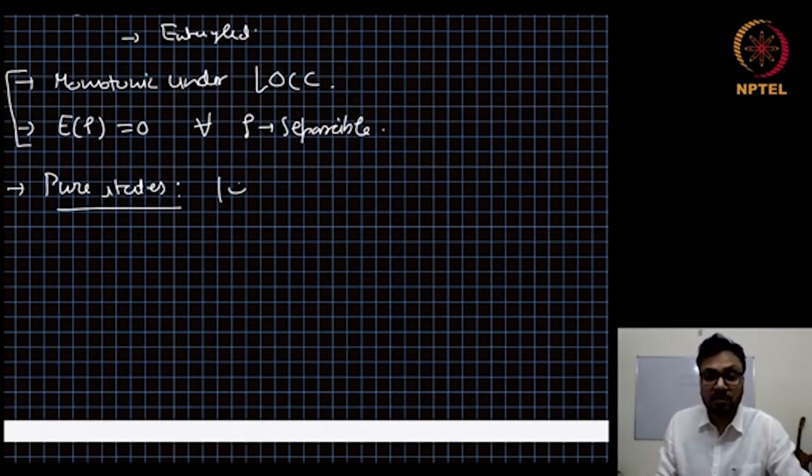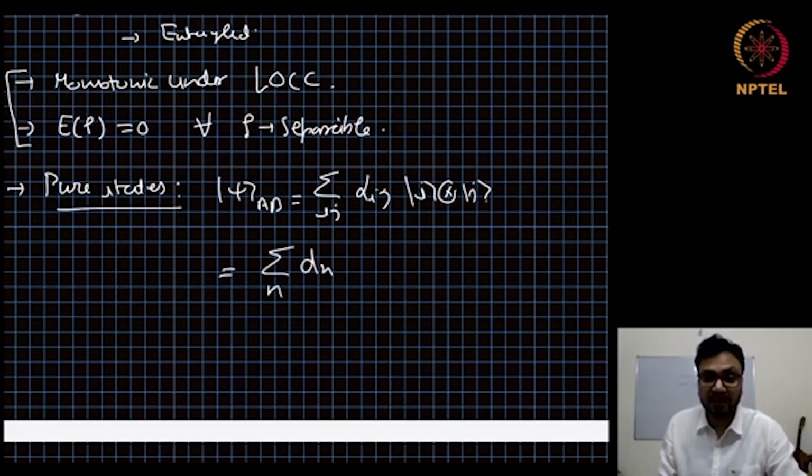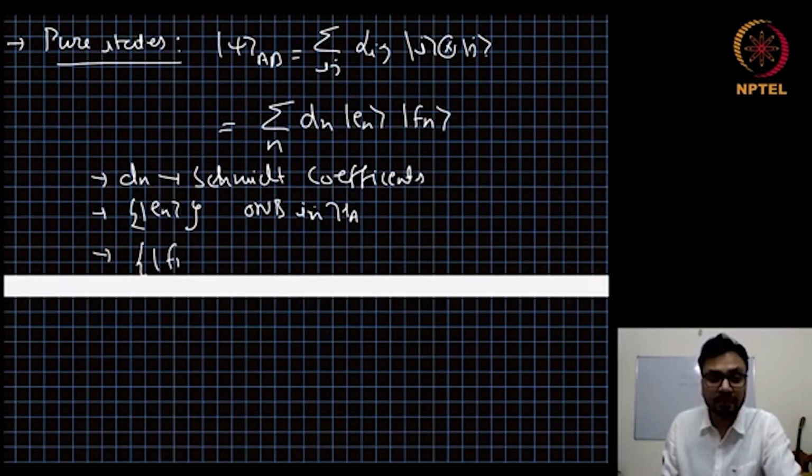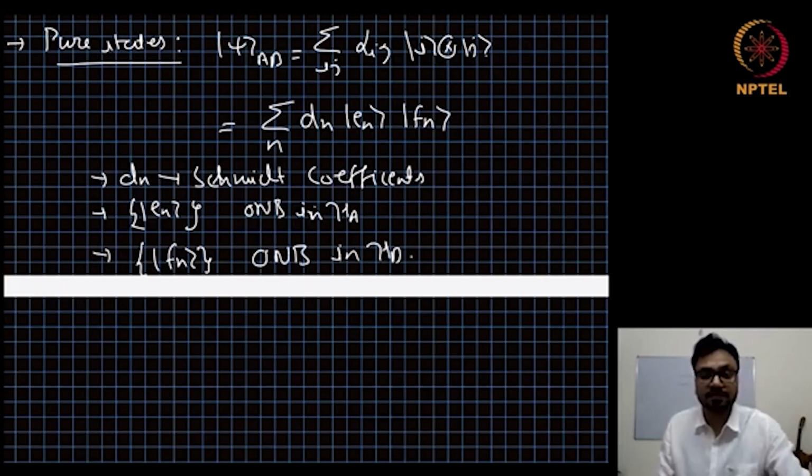A pure state psi AB, we can write as a sum over ij, alpha ij, |i>|j>, and we can write it in the Schmidt decomposition, a sum over n, d_n, |e_n>|f_n>, where the d_n's are the Schmidt coefficients, e_n is an orthonormal basis in H_A, the first subsystem, and f_n is an orthonormal basis in H_B, the second subsystem.